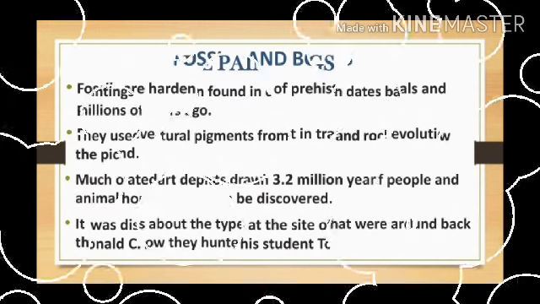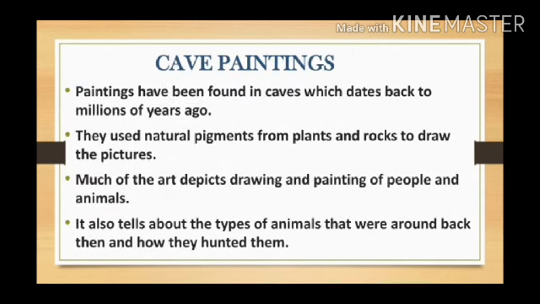Our next source is cave paintings. Apart from fossils, paintings have been found in caves which date back to millions of years ago. Since colors and pens were not discovered, it appears that people at that time used natural pigments from plants and rocks to draw the pictures.